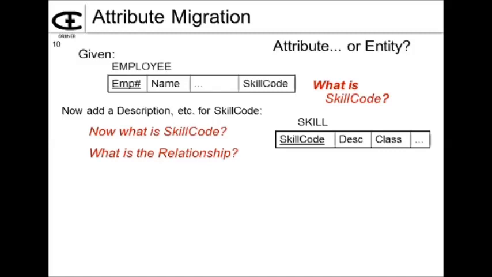Is it a relationship between skill code in employee and skill code in skill? No. The relationship is between employee and skill code. Okay? And what's the skill code in the employee table? It's a foreign key, right?